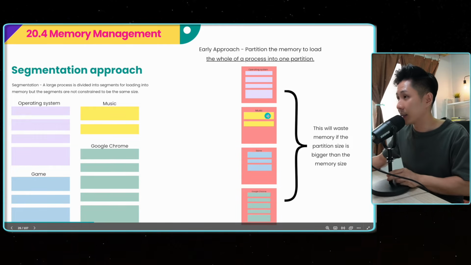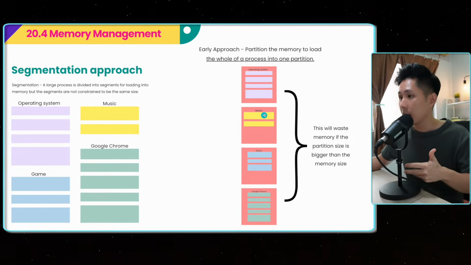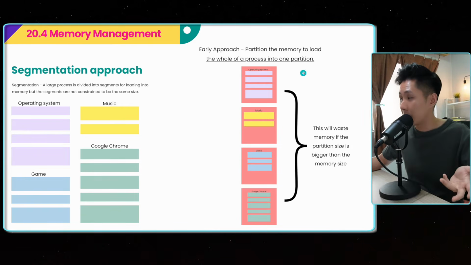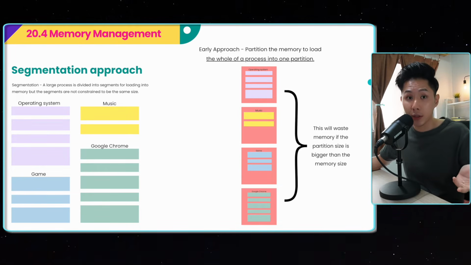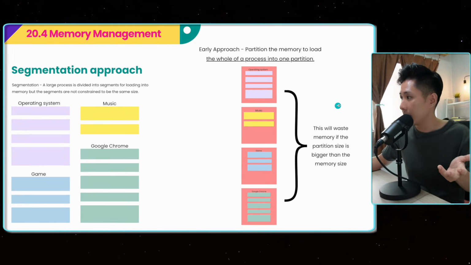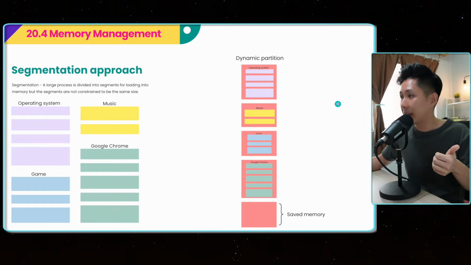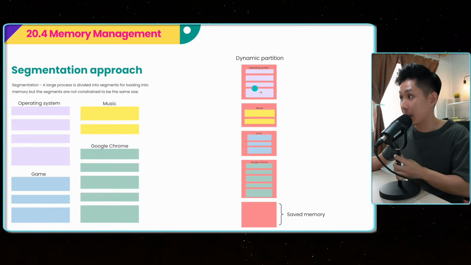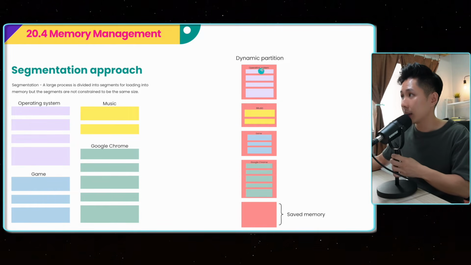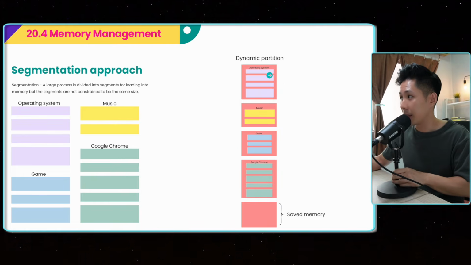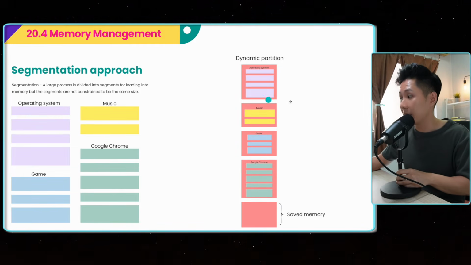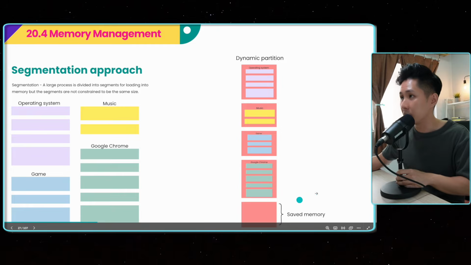If, let's say, the music process doesn't take up too much memory, but it's still allocated one partition, this will waste partition size, the memory. So later they developed dynamic partitioning that allows the whole program to be loaded into not a fixed size partition, but a dynamic size. So we can save memory here.